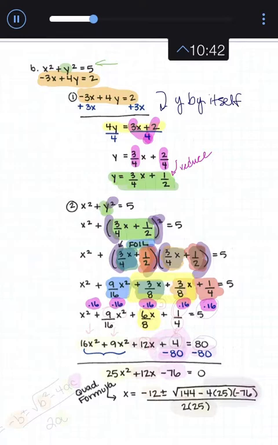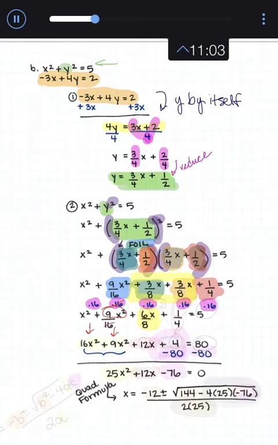Well, if we multiply that first piece by 16, it becomes 16x squared. Then multiplying the next piece by 16 will actually cancel out the 16 and just leave us with a 9x squared.